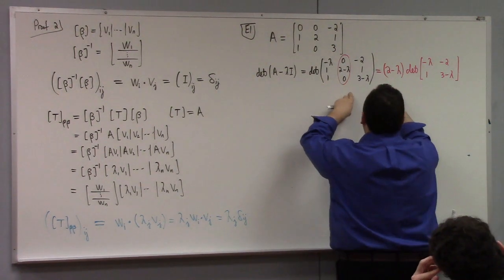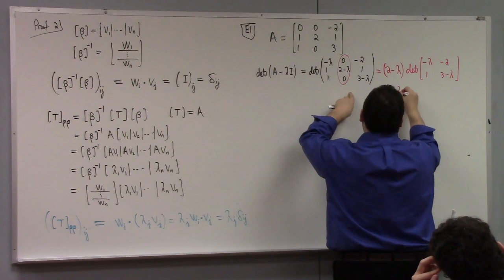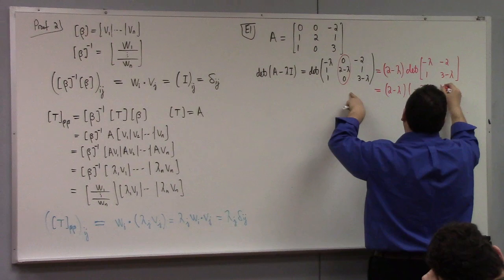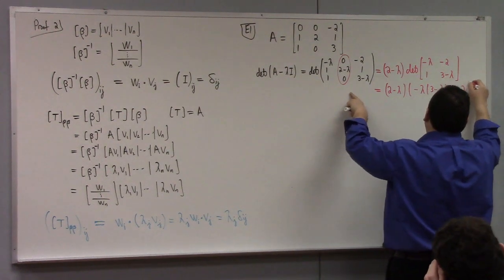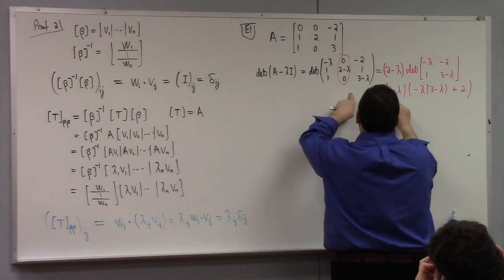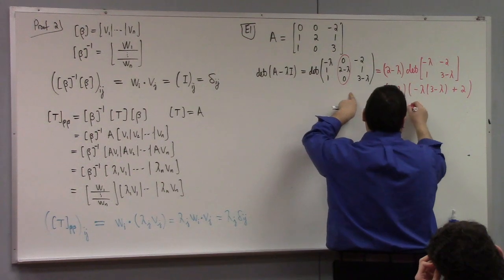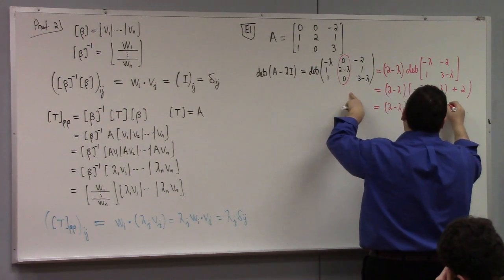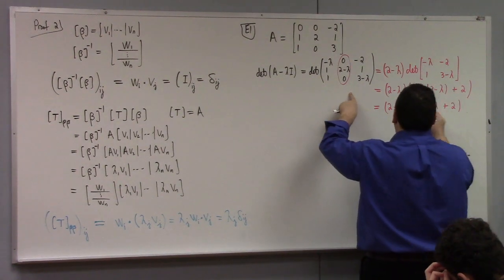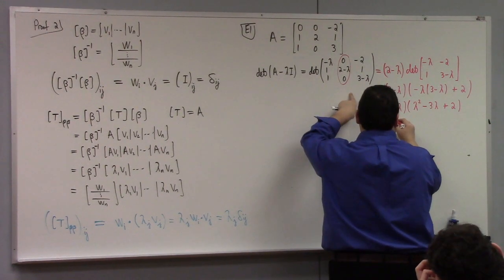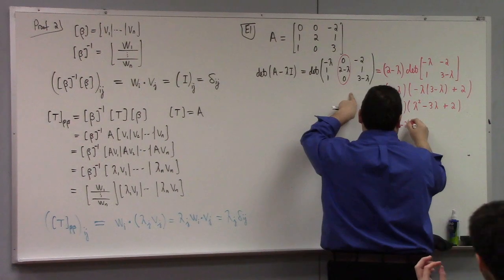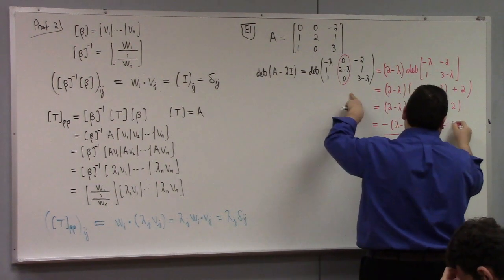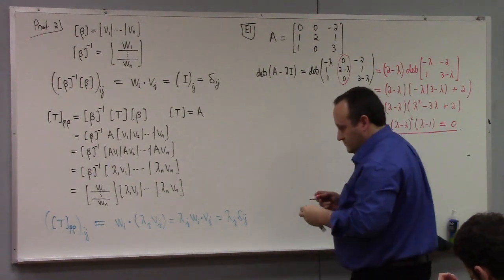All right, so that works out to (2 - lambda) times (-lambda)(3 - lambda) + 2, which is (2 - lambda) times (lambda squared - 3 lambda + 2), also known as minus (lambda - 2) squared times (lambda - 1).